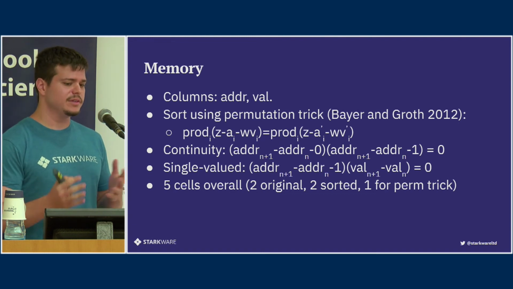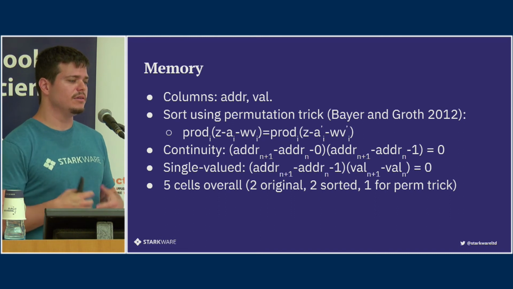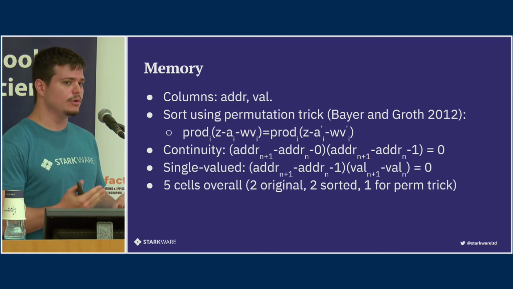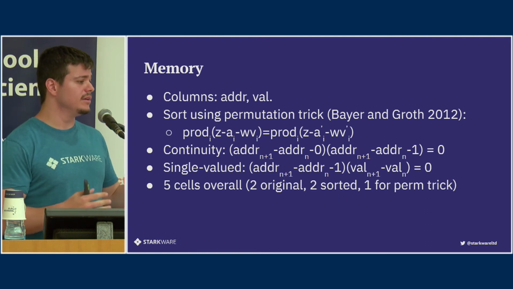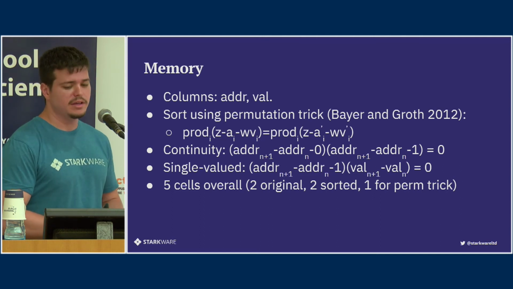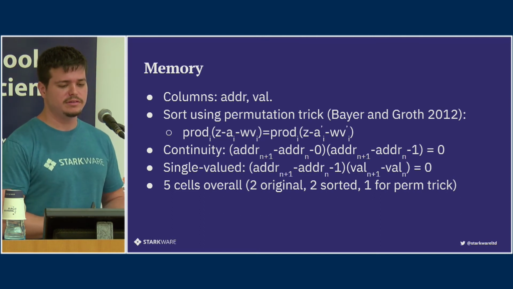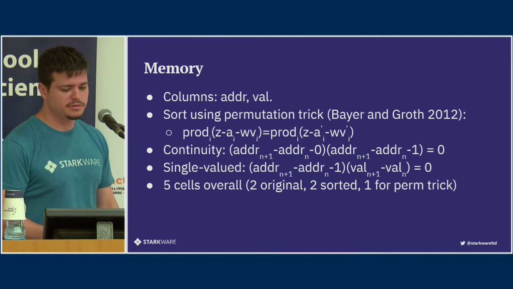It's not that trivial at first look, because all the constraints we have in AIR are local constraints. Something like this row and the next 2 rows have some polynomial working on them. What we need here is a global constraint that works across all the rows.